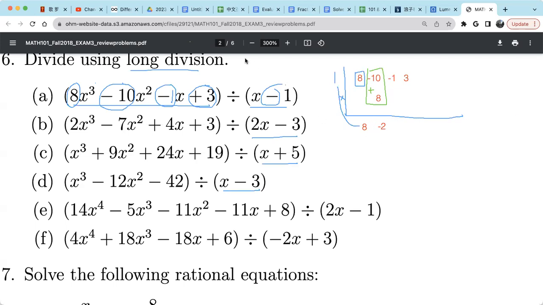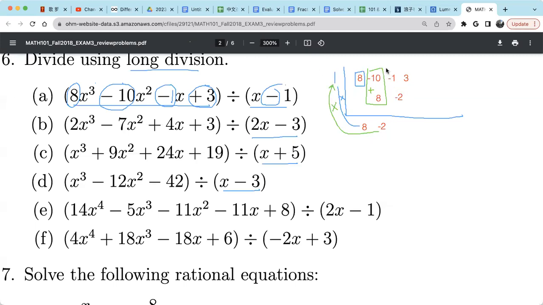Now what do I do with the -2? I'm going to multiply -2 with 1. 1 times -2 is -2. Where am I going to put the -2? You guessed right. I'm going to put a -2 under -1.